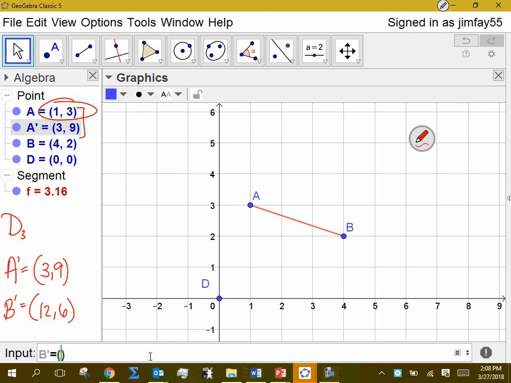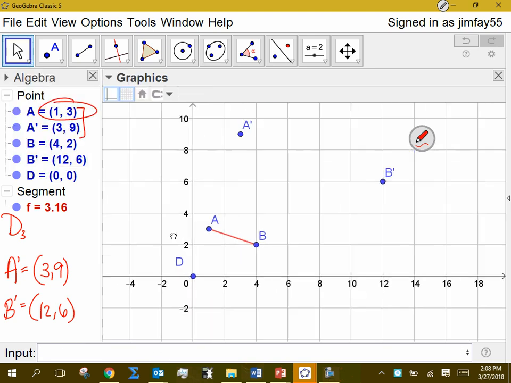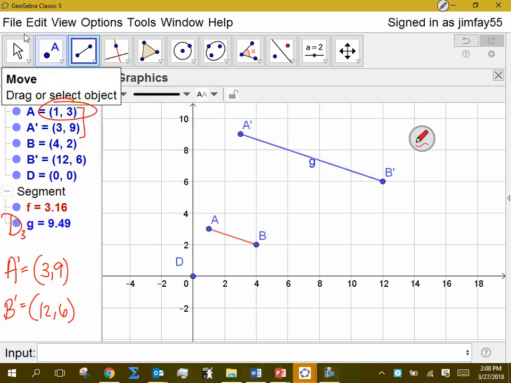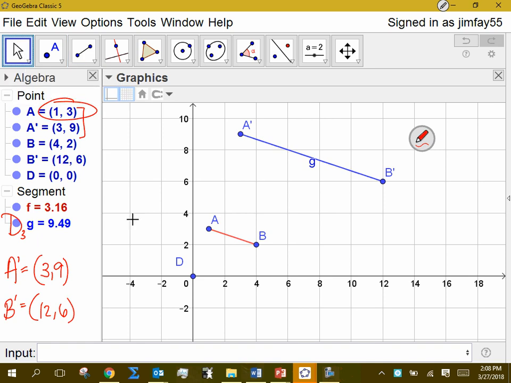B prime is 12, 6. Now, if I zoom out to see that segment, make it blue here, we have now dilated that. And you see that it got larger, right? That's because our scale factor was greater than 1.